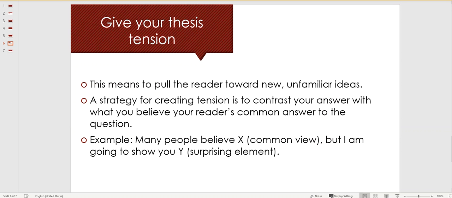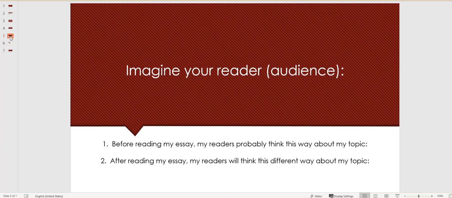And another consideration is that you want to give your thesis tension. This means that you want to pull the reader towards new and unfamiliar ideas. And that's why I asked you to think about these two considerations.